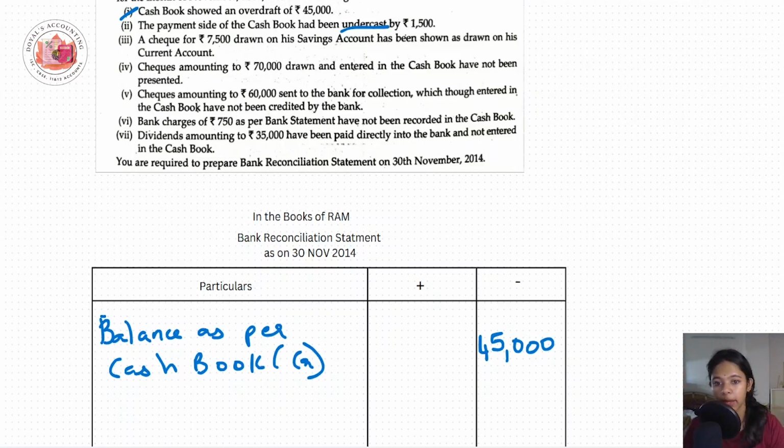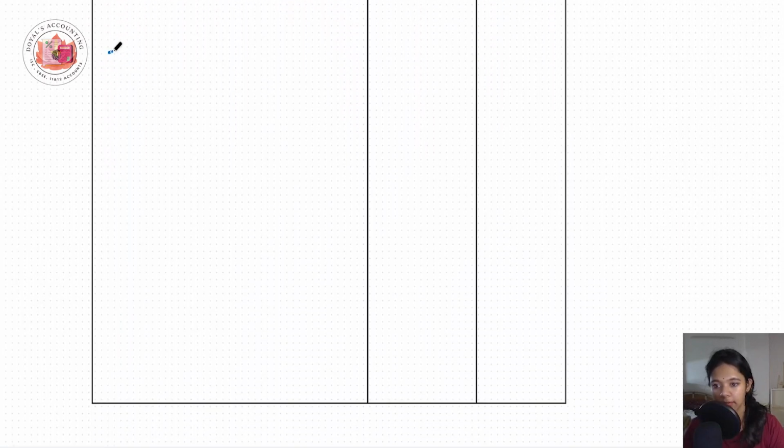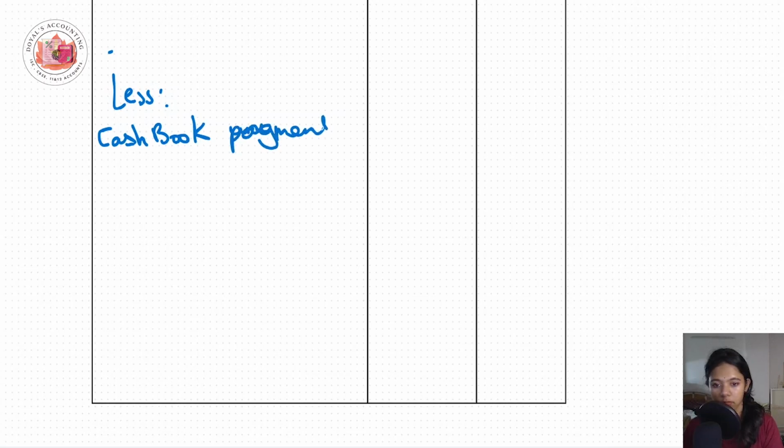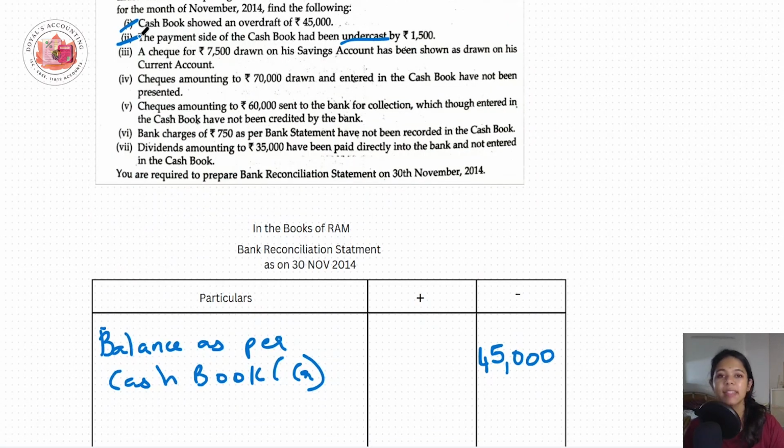So in my less column, I will write cash book payments undercast 1500 in the minus column. Let's see the next one.